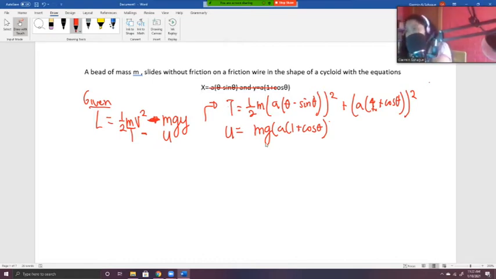So we have that. So now that we have this, we need to put the values here and combine them together.